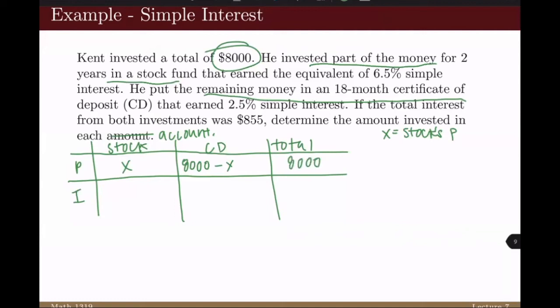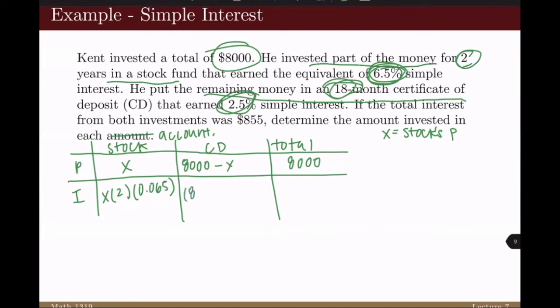For the interest, it said that the stock earned the 6.5% simple interest, and he had that in there for 2 years. So that means our simple interest is going to be X times 2 times 0.065, because the percent, right? For the CD, it's 18 months and it's 2.5%. And remember, 18 months is 1.5 years, right?